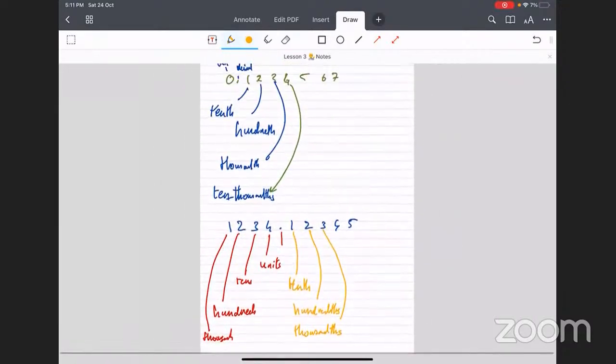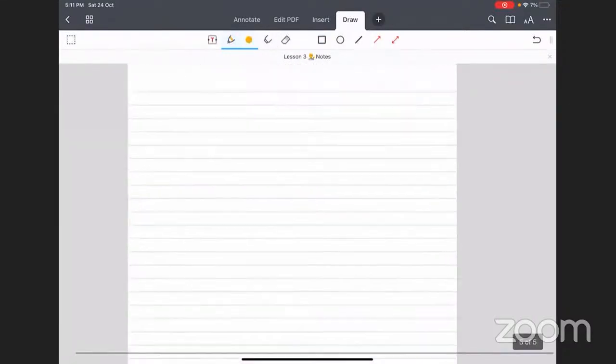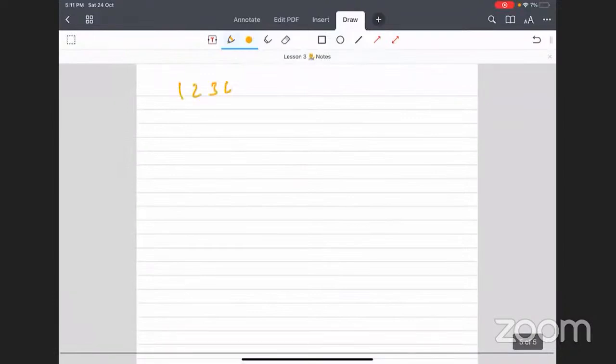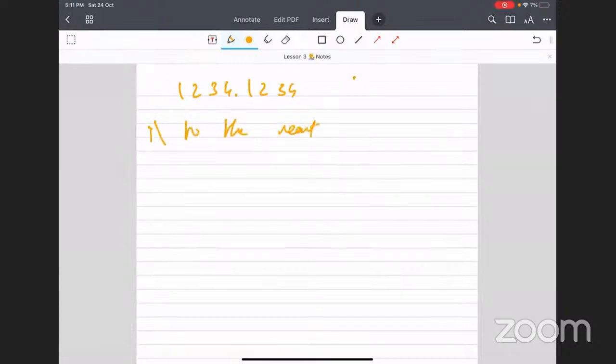So let's express 1234.1234 to the nearest tenth.